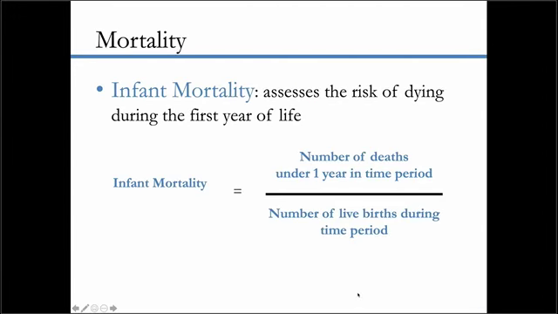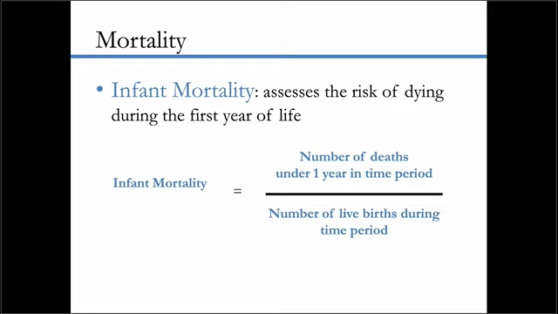Another type of mortality rate that we commonly use in epidemiology is called the infant mortality rate. And this is used to assess the risk of dying during the first year of life. Infant mortality rate is used really commonly to look at the overall health of a population and how well our medical systems are doing.